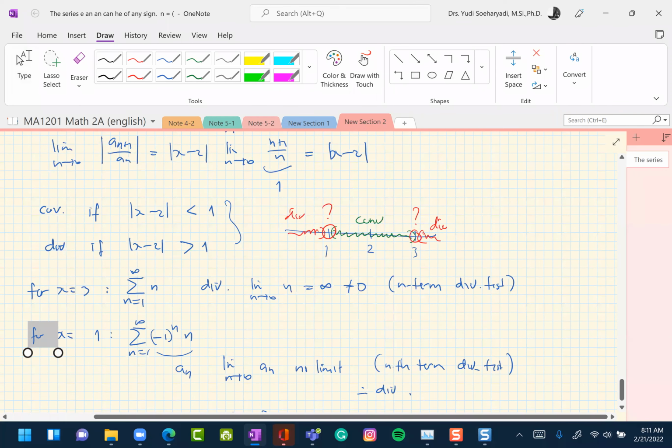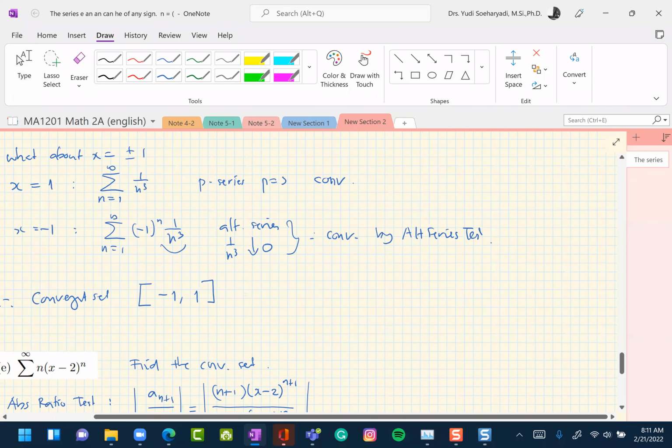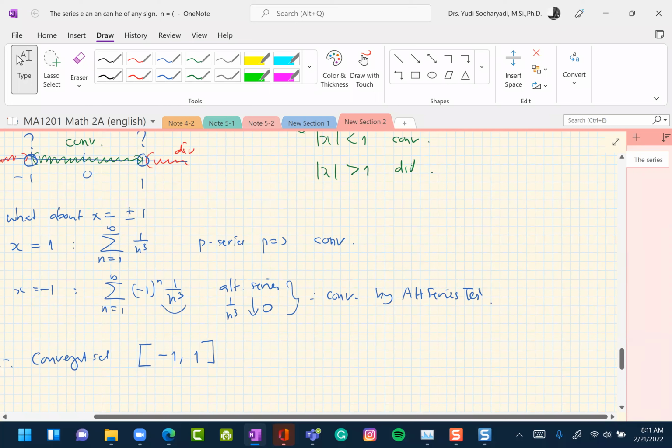So this is the idea of what we call rho. Rho is the radius of convergence. Okay, so this is radius of convergence 1.